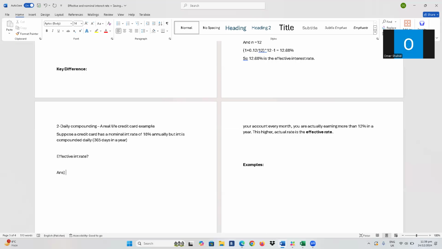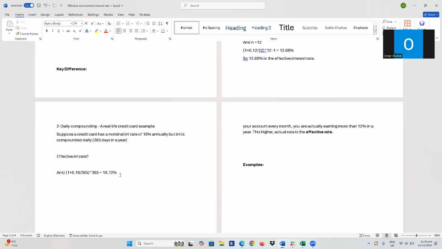Now let's solve this using the formula. You need to be careful with the brackets on the calculator, because if you do not use the brackets the correct way, you will not get the right answer. So use the formula 1 plus 0.18 divided by 365.